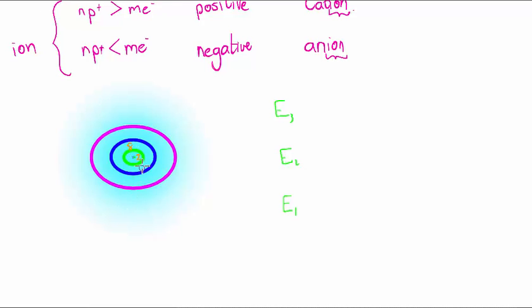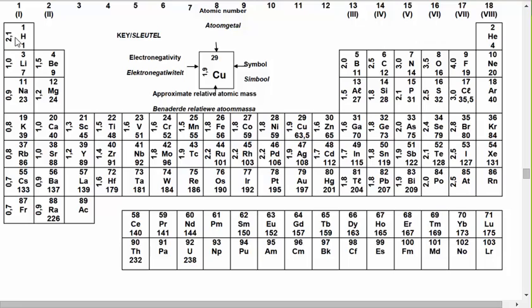The moment I have more than 8, I start flowing into energy level 3, which will also only go up to 8. Now look at our periodic table: energy level 1, energy level 2, and energy level 3.